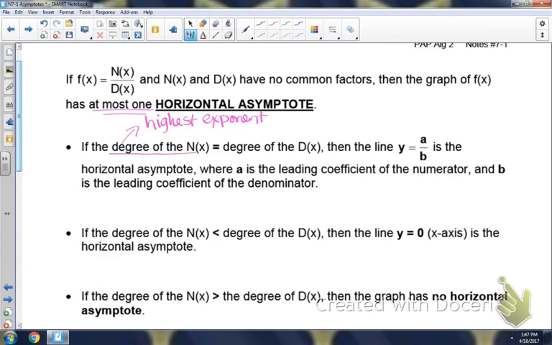So you're looking at the highest exponent at the top, the highest exponent at the bottom. If the degree of the numerator is equal to the degree of the denominator, then your horizontal asymptote is y equals a over b. A over b, a is your leading coefficient of the numerator, b is your leading coefficient of the denominator. So you're putting the ratio of those two.